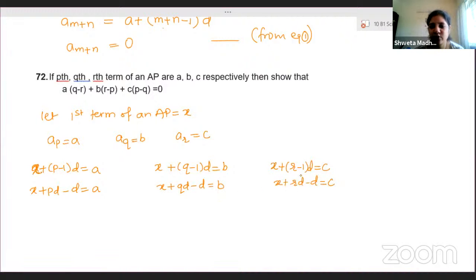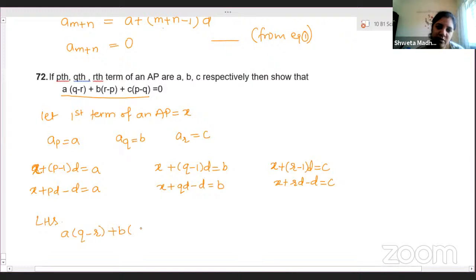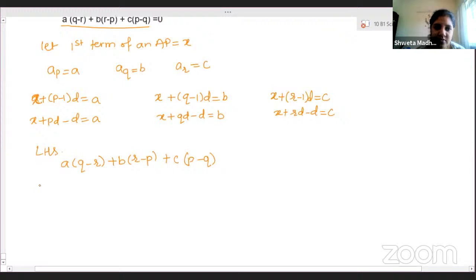Now these values of a, b, and c we have to substitute in the LHS. Starting with LHS, a(q minus r) plus b(r minus p) plus c(p minus q). Substitute the values. a is x plus pd minus d, right?